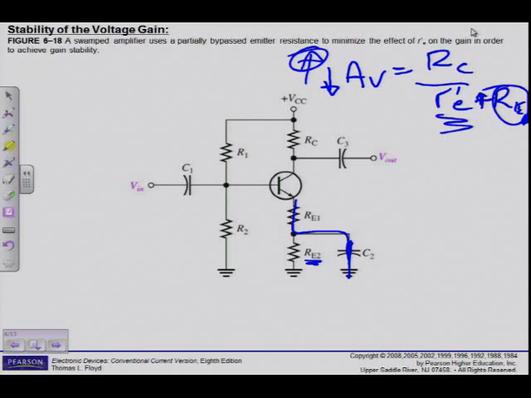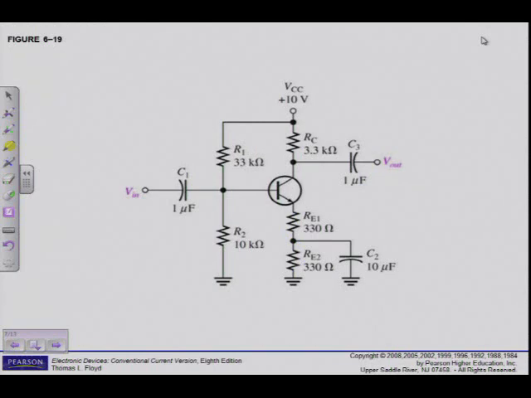Okay, so if we go and look at the example on the next page there, example 6.7, now by using swamping, I can see here in this specific example, I've got two resistors of 330, 330.